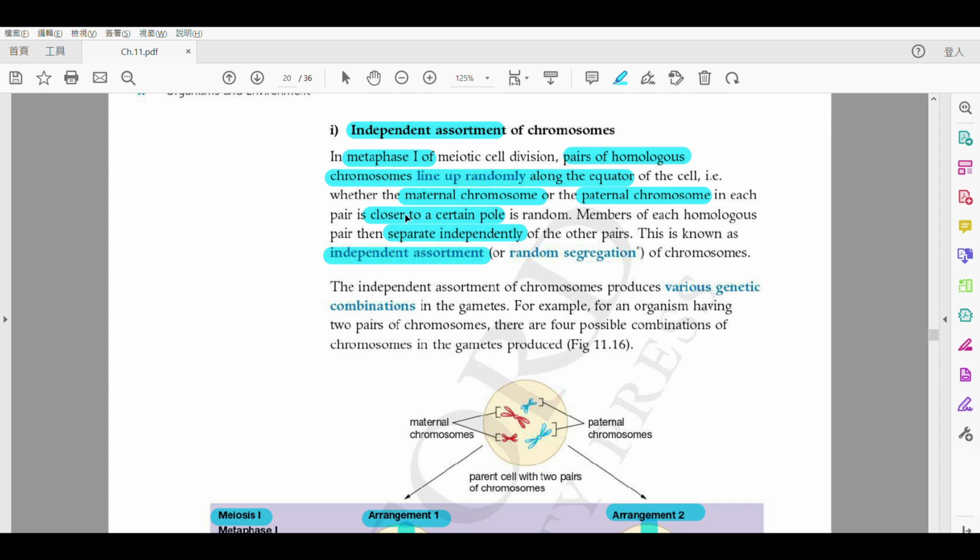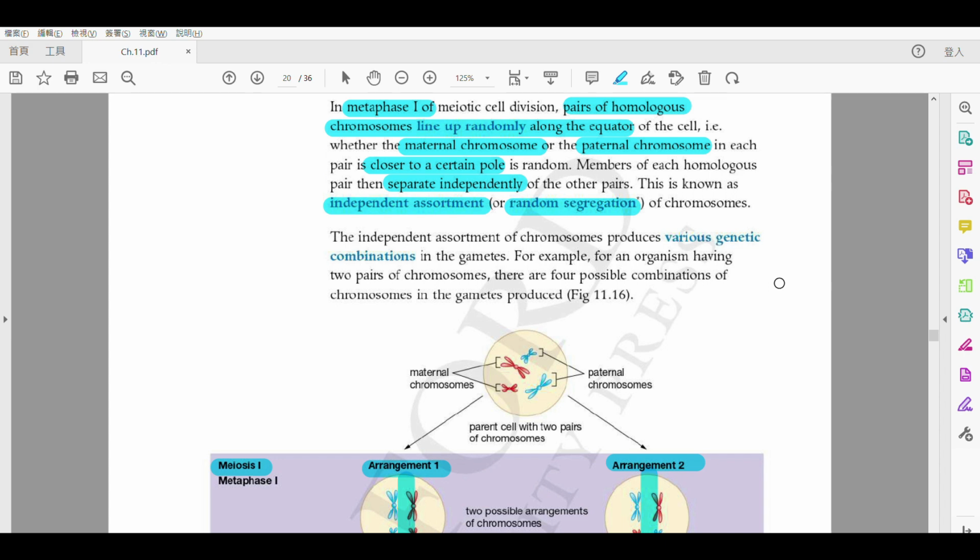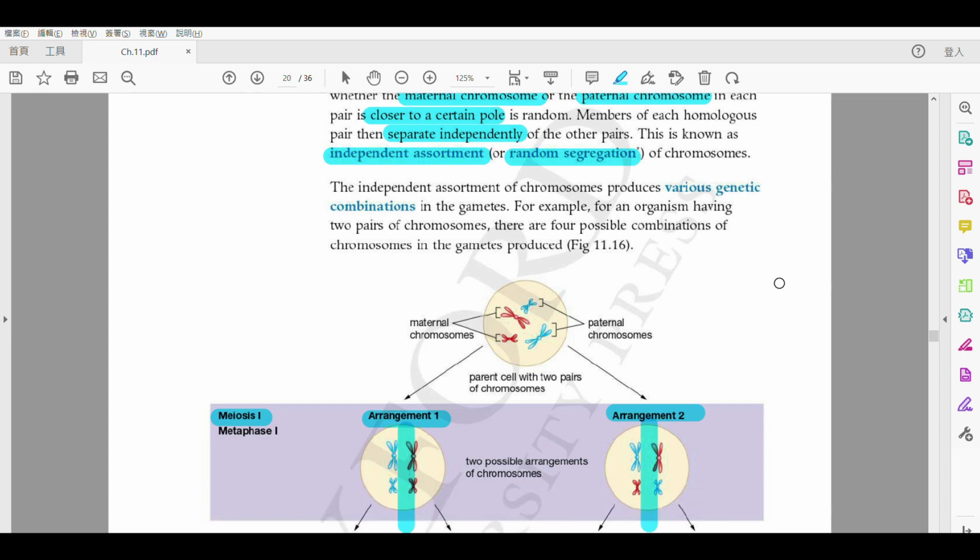Simply put, they line up randomly, they distribute themselves independently. Another word is random segregation, so know this word too.